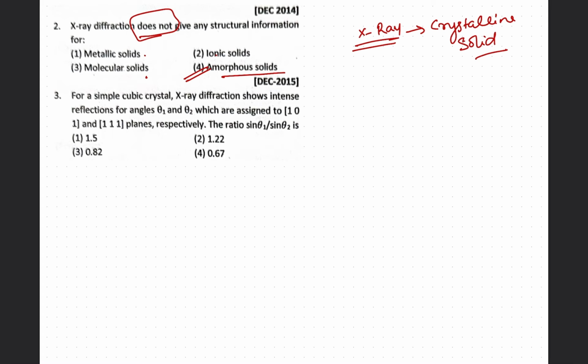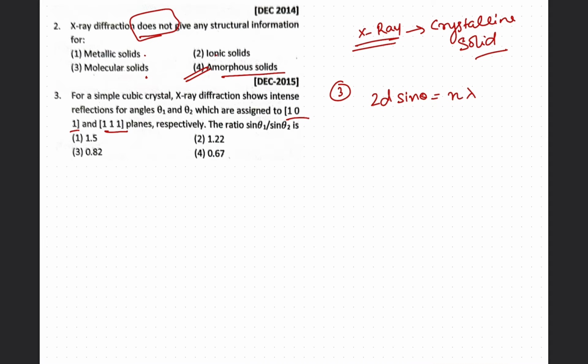Okay, third question. For a simple cubic crystal, X-ray diffraction shows intense reflection for the angles which are assigned to the 101 and 111 planes. The ratio of sin theta 1 to sin theta 2 is? We know that according to Bragg's law, 2d sin theta is equal to n lambda.